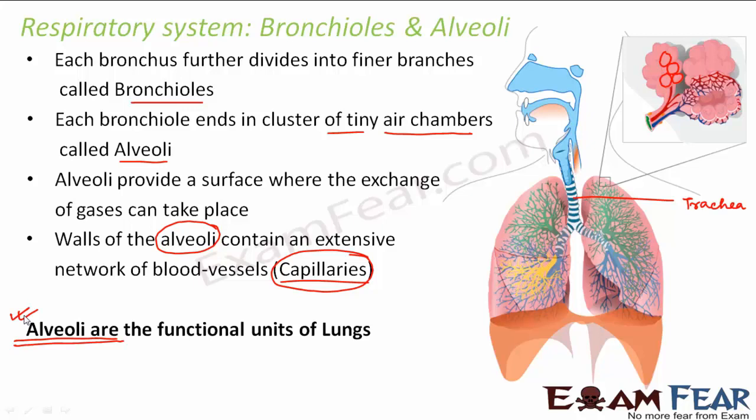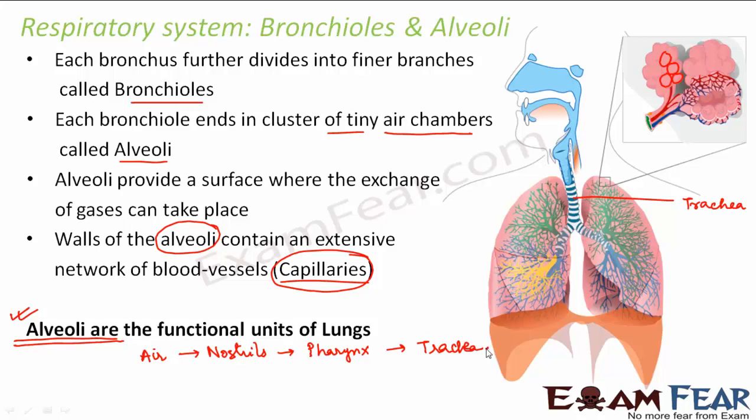So I hope you got the entire structure. That means how respiration actually happens, and how the lungs help in the absorption of oxygen, because inside the lungs, which are like bags, we have so many different things: bronchi, bronchioles and alveoli. So what did we see so far? The air which we breathe in enters through the nostrils, then reaches the nasal cavity and then the pharynx. From the pharynx it reaches the trachea.